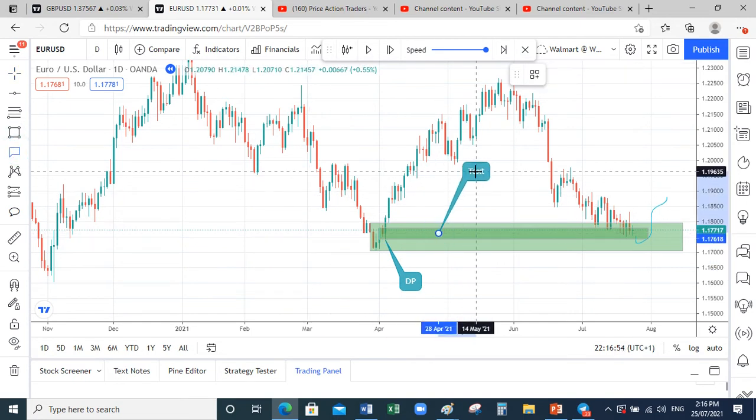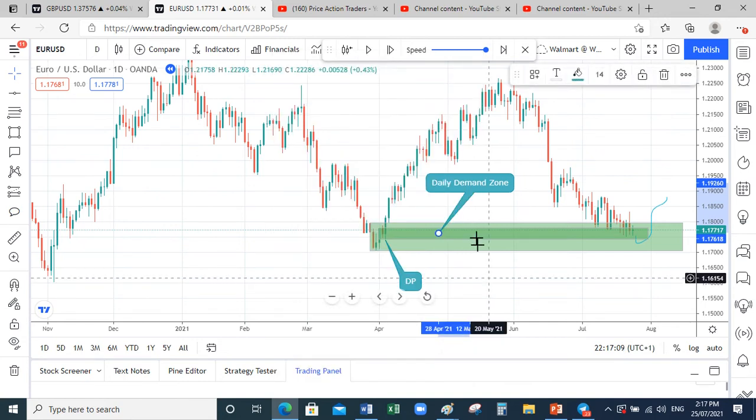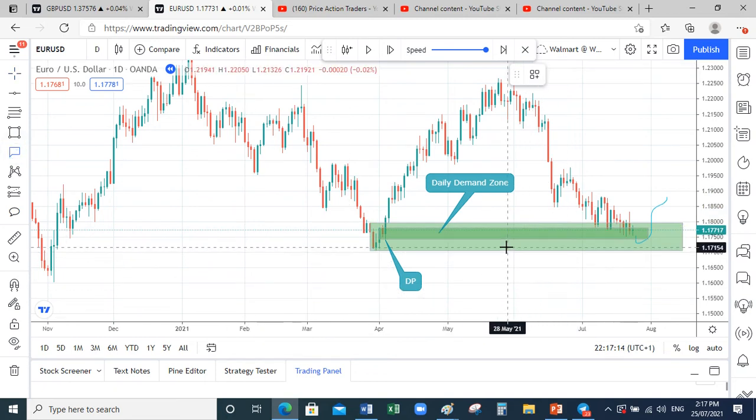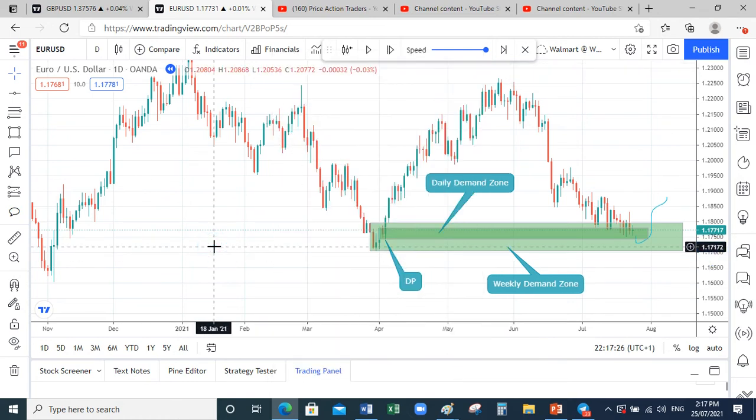So this could be termed a daily demand zone. And this is a weekly demand zone. You can see that.